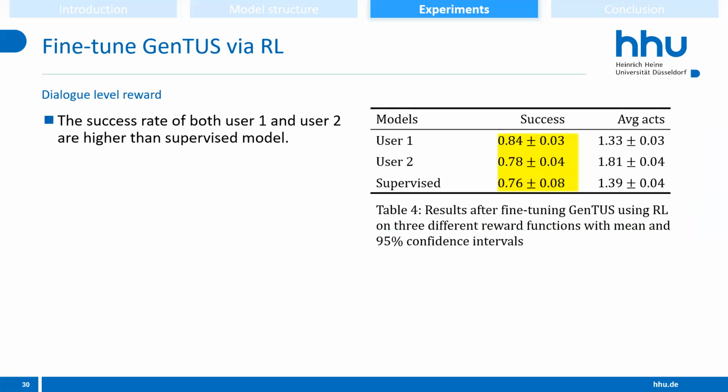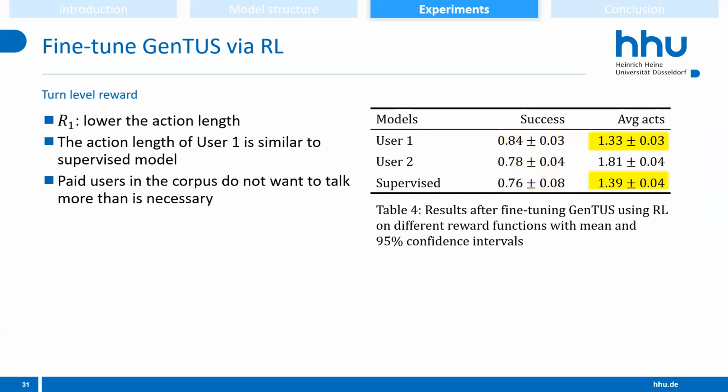Here is the result. First, we can find out the success rates of both user 1 and user 2 are slightly higher than the supervised model, which is not surprising because we have the dialogue-level signal. Then we find out user 1, which tries to shorten its action, has a similar behavior to the supervised model.